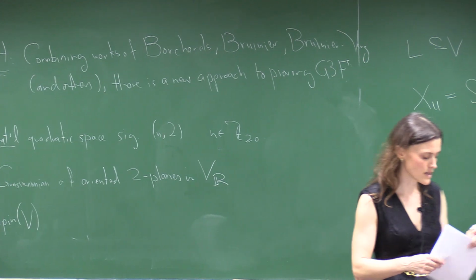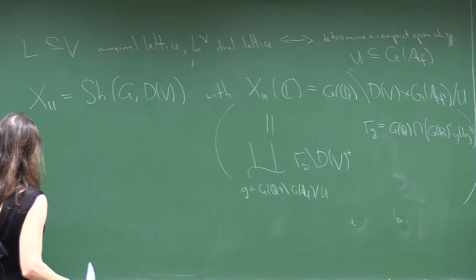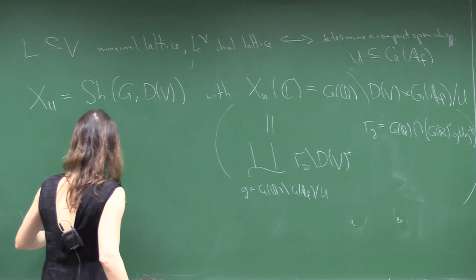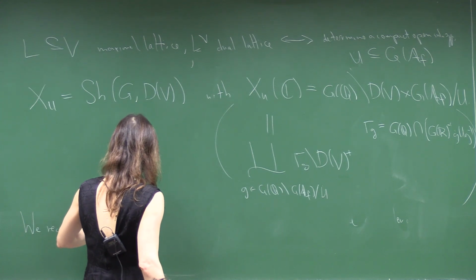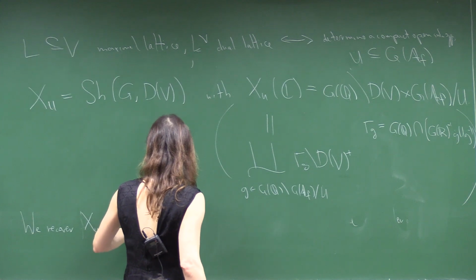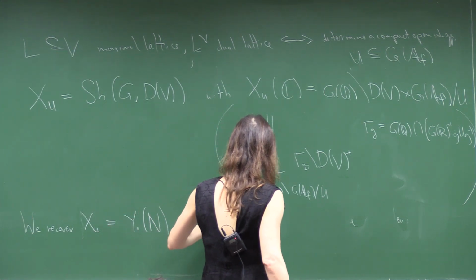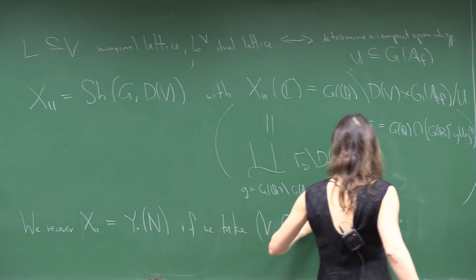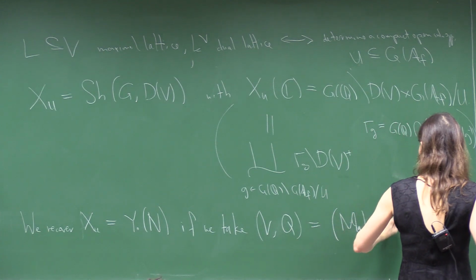So these are very nice Shimura varieties to study. They have lots of cycles on them. So we recover X_U to be the non-compactified modular curve if we take, as I said before, the rational quadratic space to be the 2 by 2 matrices with entries over Q.